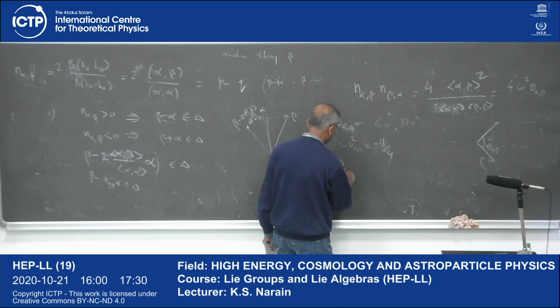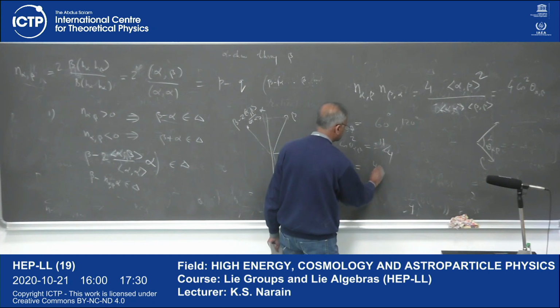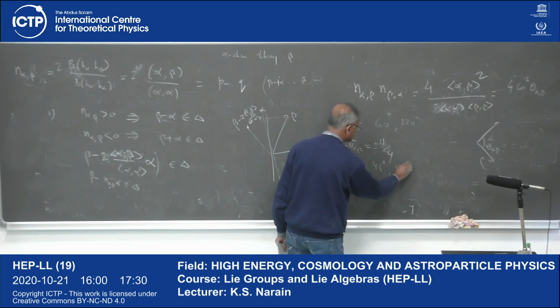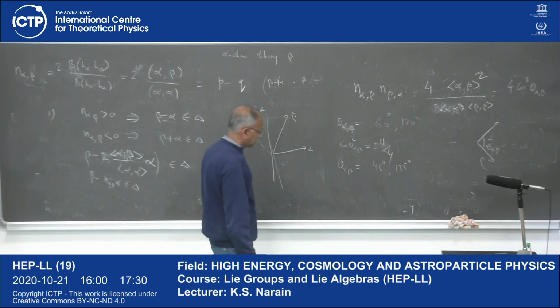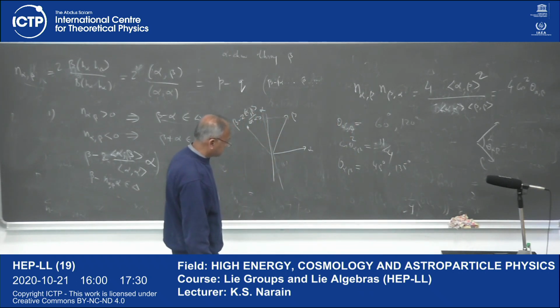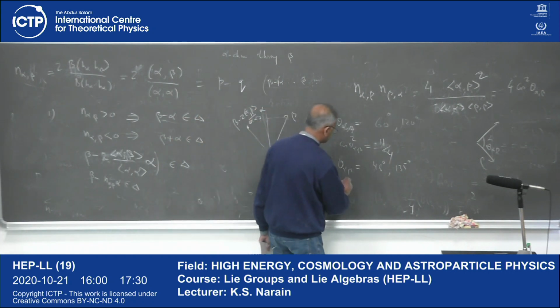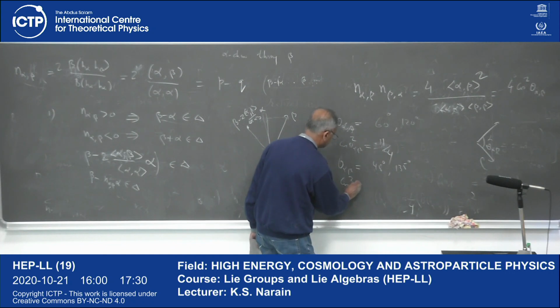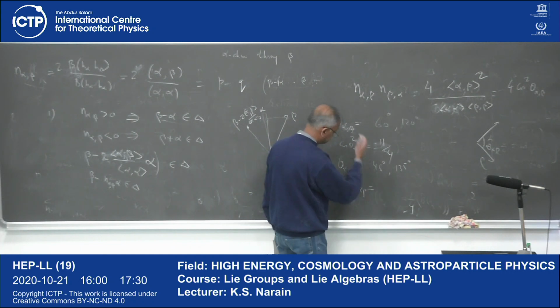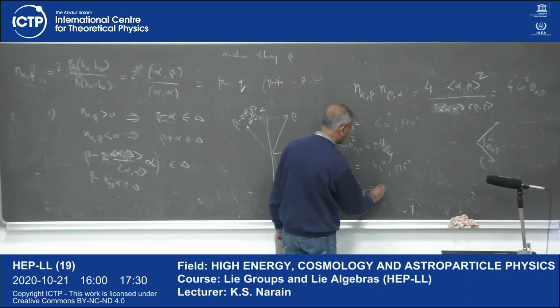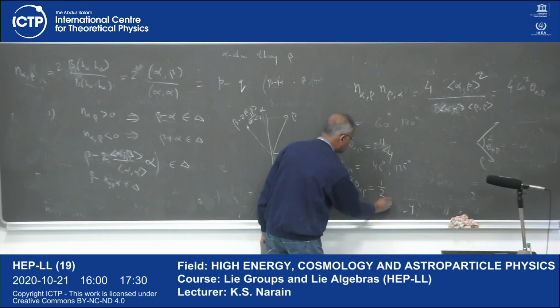I could take theta alpha beta equal to, say, 45 degrees or 135 degrees. So the cos theta for this is 1/√2, right? Cos of 45 is 1/√2. So cos square theta alpha beta is 1/2, right?